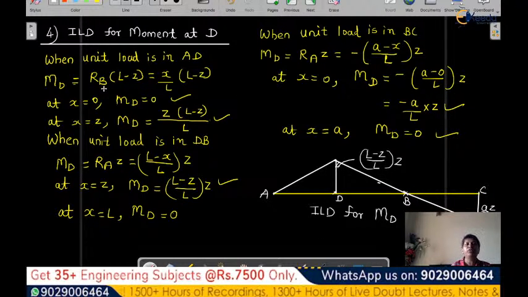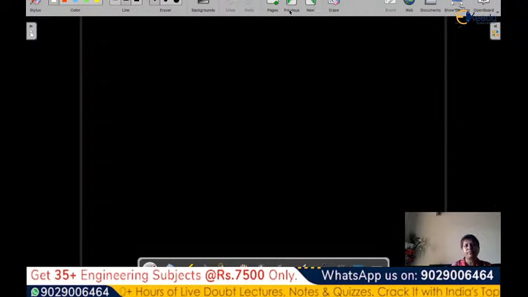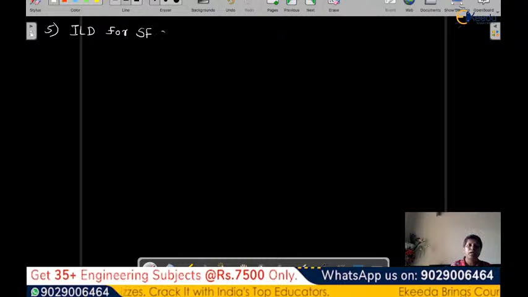Now we are left with only the influence line diagram for shear force at E point and moment at E point. So the fifth point, influence line diagram for shear force at E. Let's see.